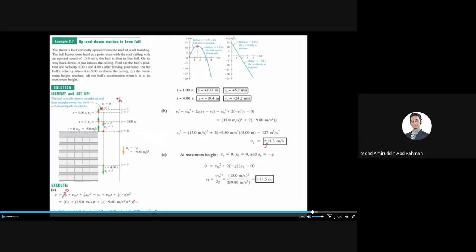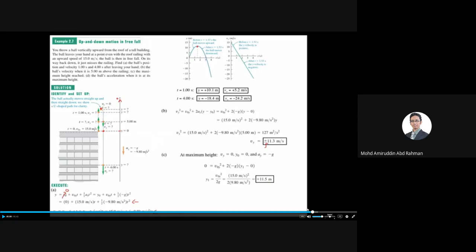So you will have V naught y squared, taking back the equation from B. This value is 15, plus 2 ay, where ay is minus 9.8, and y naught is 0. Rearranging, you obtain y equals v naught y squared over 2g. You solve that and obtain y equals 11.5.